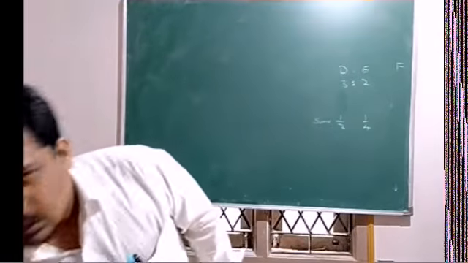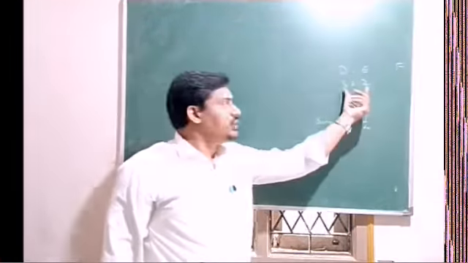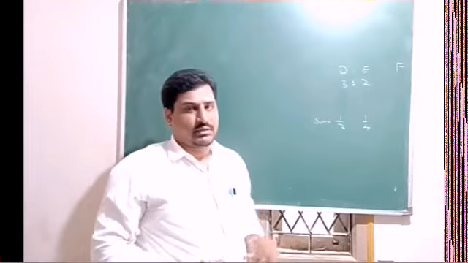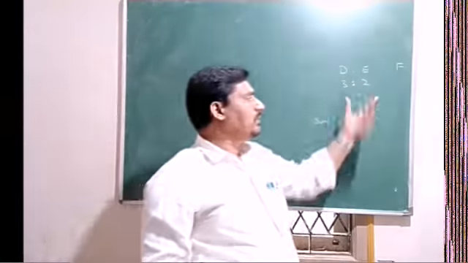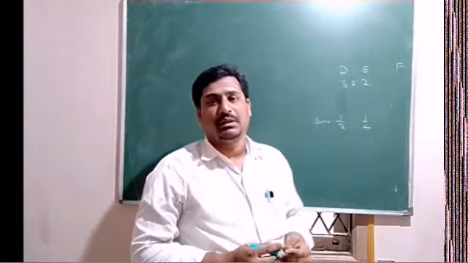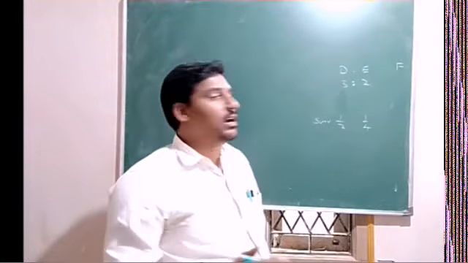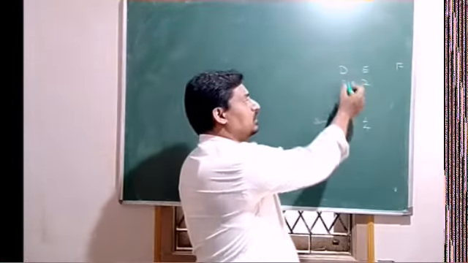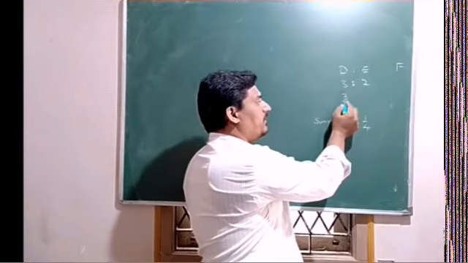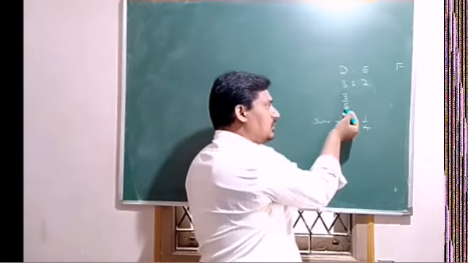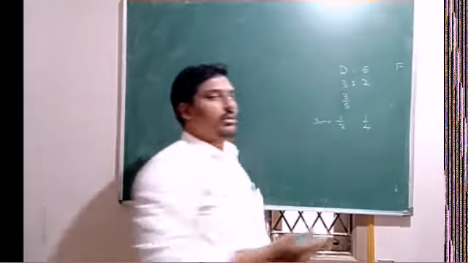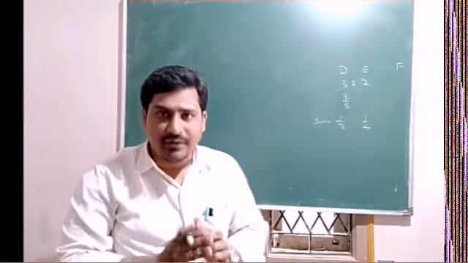Now here this is the ratio, not a share. With the help of this we can find the share of each partner. So what is the share of D here? It is nothing but 3 divided by 5, that is 3 plus 2, 5. When profit occurs, they divide it into 5 equal parts.